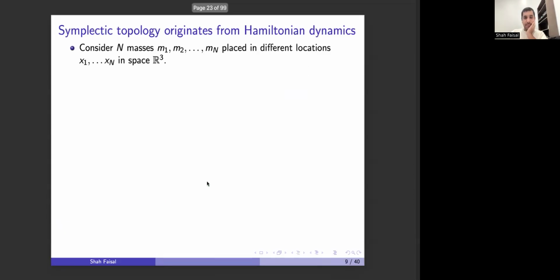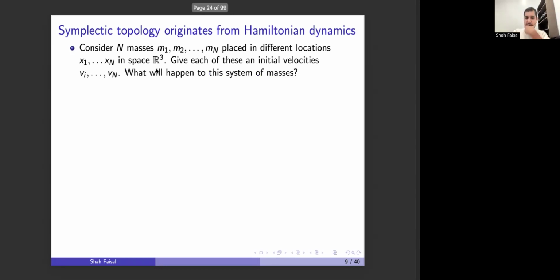Okay. So next, I'm going to give you some motivations for symplectic topology. So consider n masses, M1 to Mn, and you have placed them, let's say, at locations x1 to xn in R3. So it's like n masses placed at different locations in space R3.